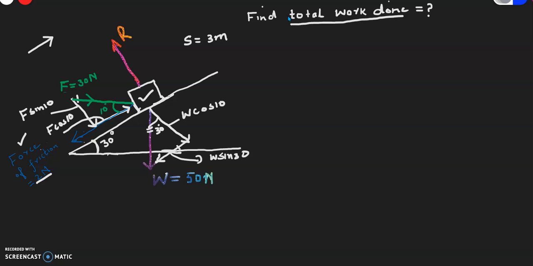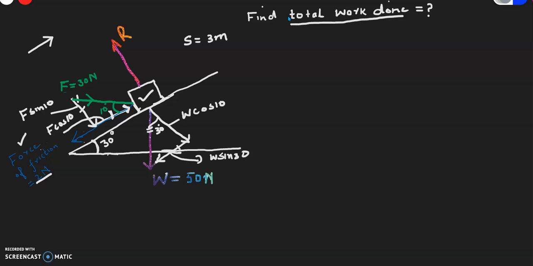So what is the work done by this force? We need to find out the work done by this force. Then we need to find out the work done by the component of the force of 30 Newton. These are the two components of the force, the force of 30 Newton acting at an angle of 10 degrees, and only this component is relevant because it is along the motion, in the direction of the displacement.